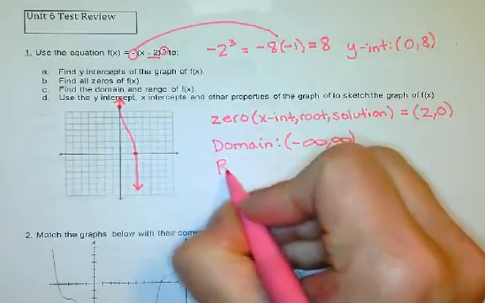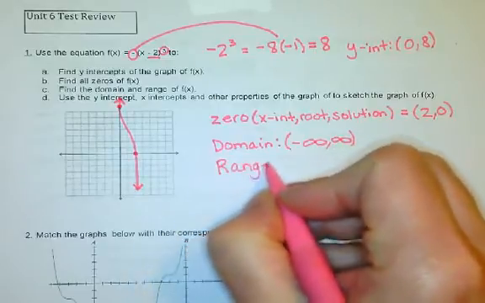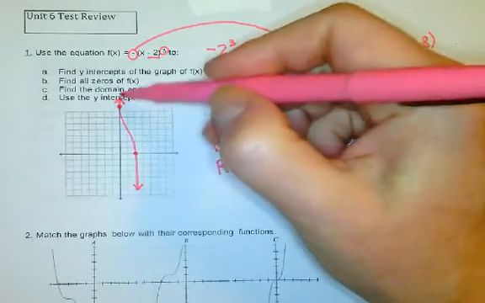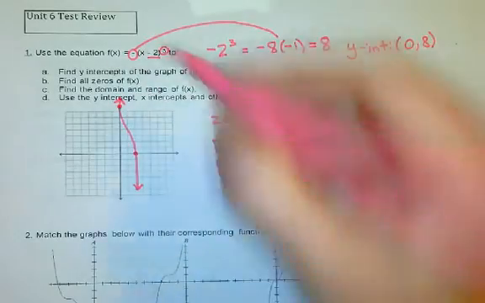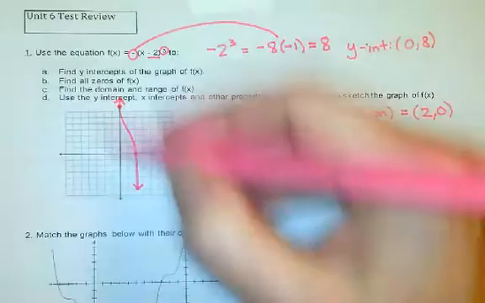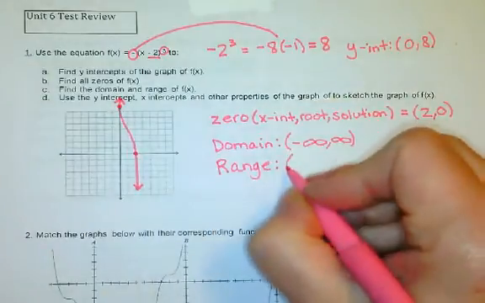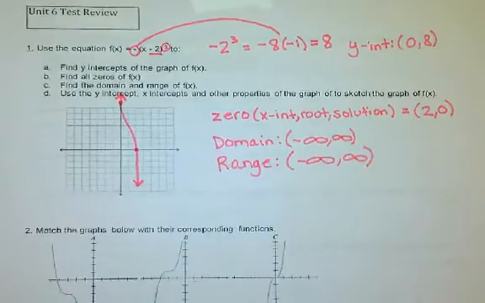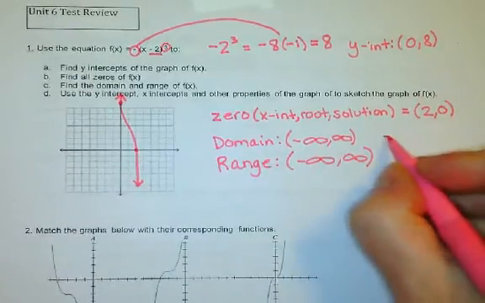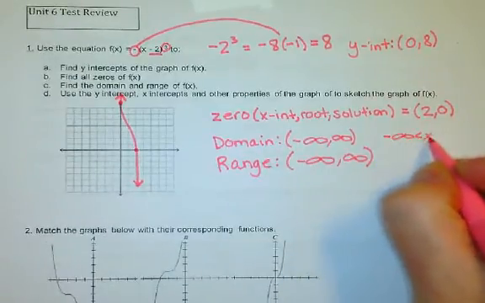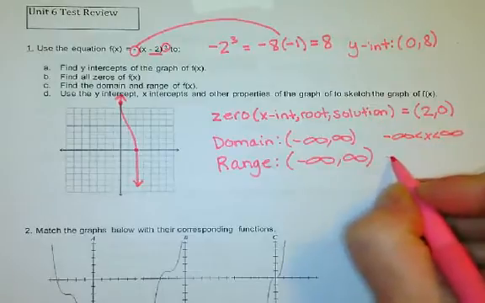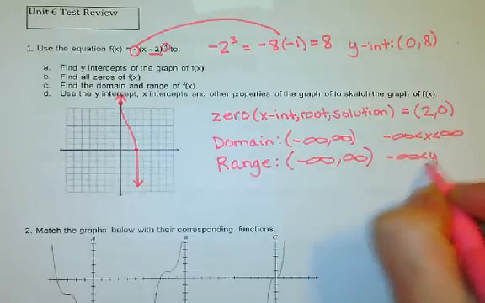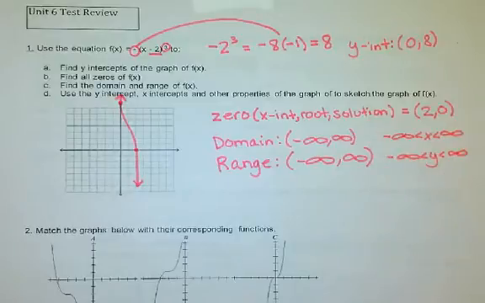Now, for the range, again, because it's always going up and down, just like for the domain, it's going up to the left, down to the right, so this will also be negative infinity to infinity in interval notation. You can also write it as an inequality, and you are expected to know both of these.